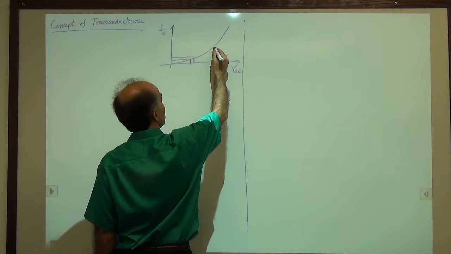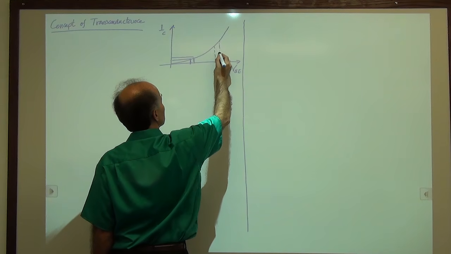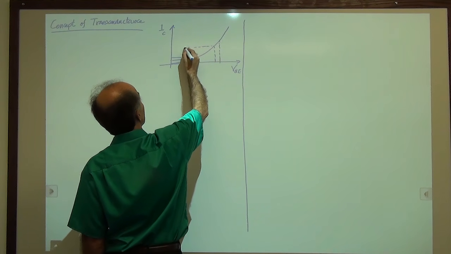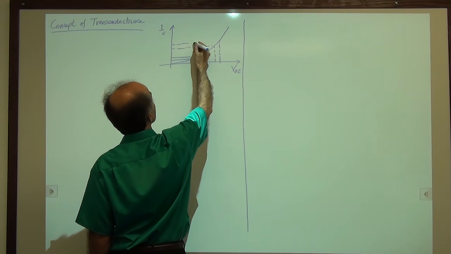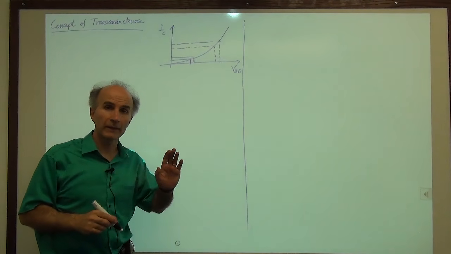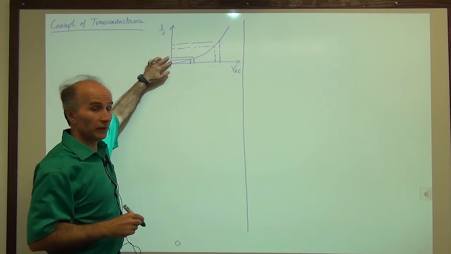If we start at some other, higher value, and increment, we have a greater increment in the current. So an increment in the base emitter voltage gives us an increment in the collector current.